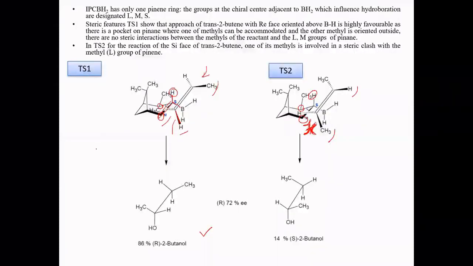How will you imagine it? Either we can imagine, let's say, two methyl groups on the same side, and I can imagine these two protons are away from the plane, right?